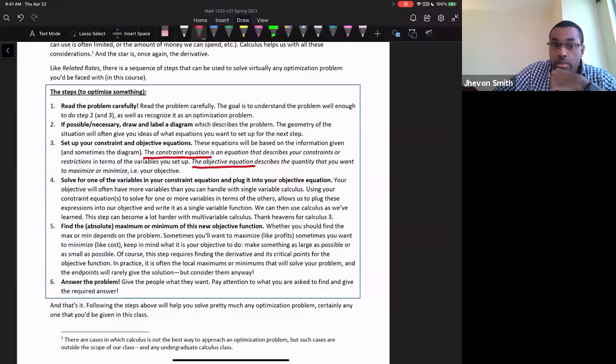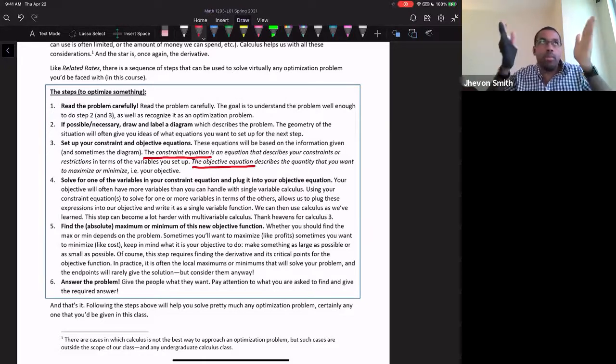The fifth thing is you're going to find the absolute maximum or minimum of the objective function. This is going to help you find what is going to maximize or minimize your process. And that will actually help you to find what the optimal solution is. And I say absolute max and min because, like I said, there's always going to be a restriction. So you can think of this as it being some interval that you have to stay within.